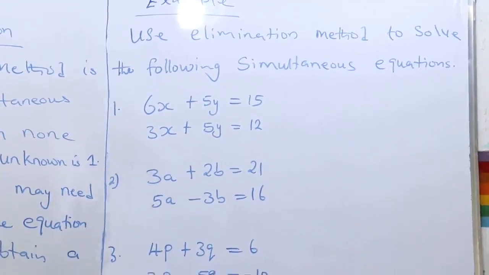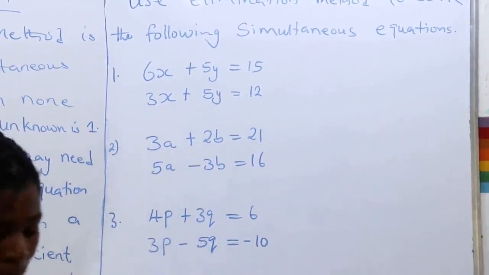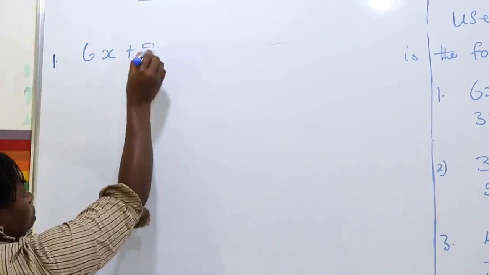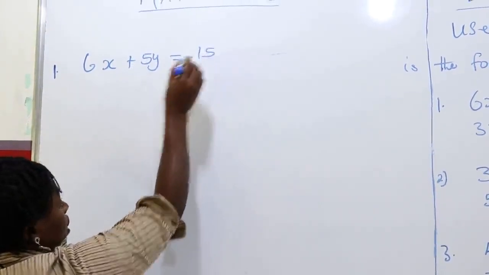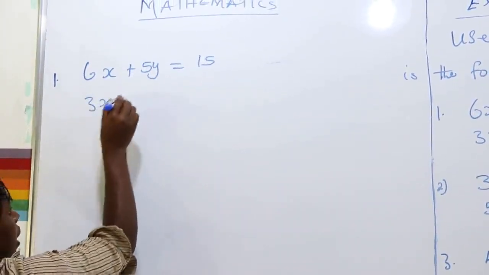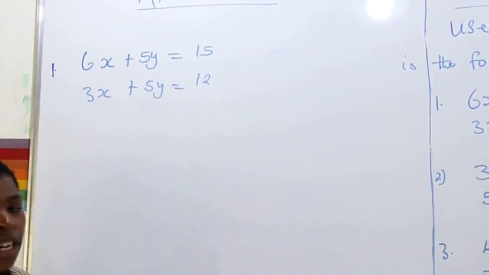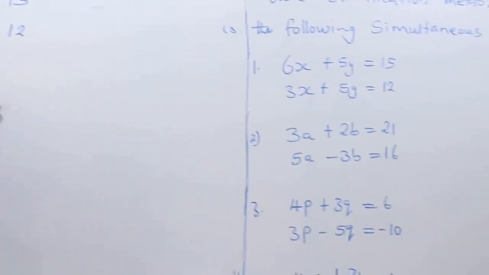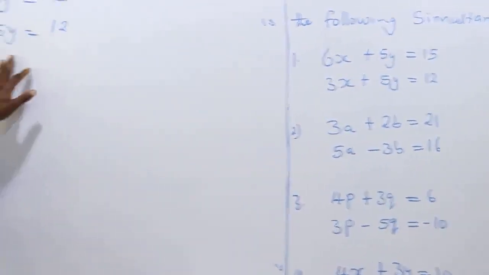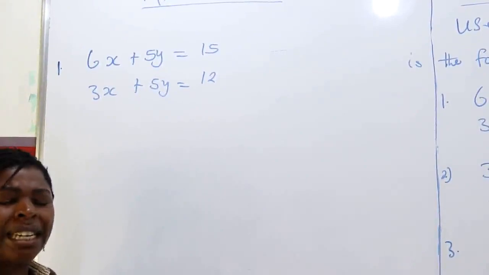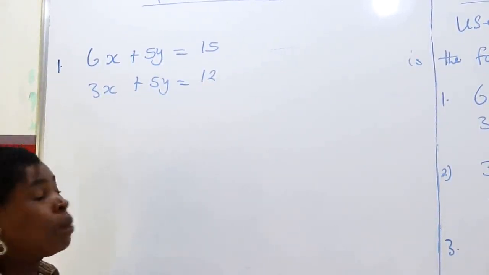So we're going to take them one at a time. 6x plus 5y is equals to 15. Then we have 3x plus 5y is equals to 12. Now from this equation that we have, you discover that one variable, they have the same coefficient which you can easily eliminate without multiplying anything.